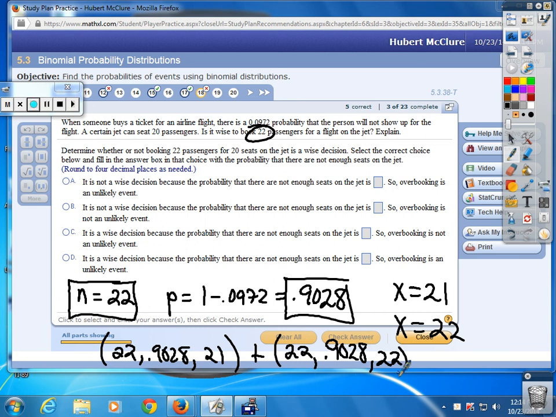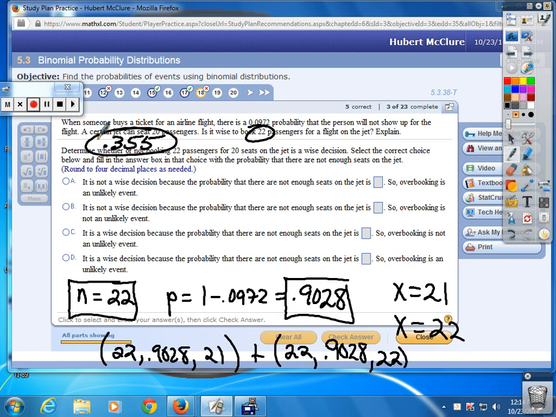Somebody add those two together. What do you get? I'm sorry, what? 0.355. Is that over 5%? Yes, it is. So that means that to me the 21st and 22nd person may show up.